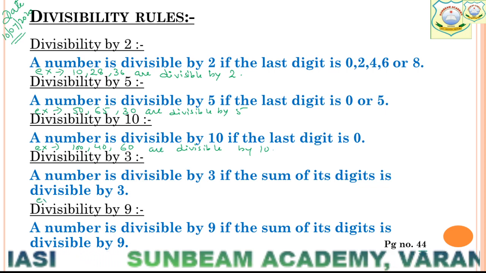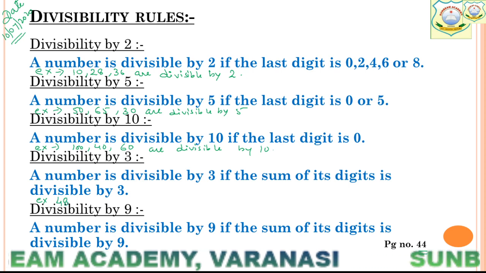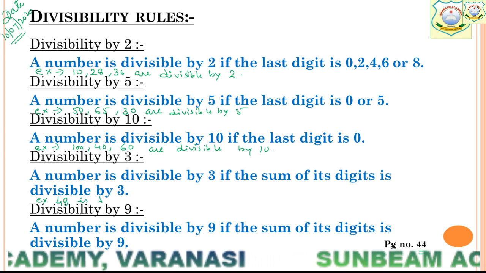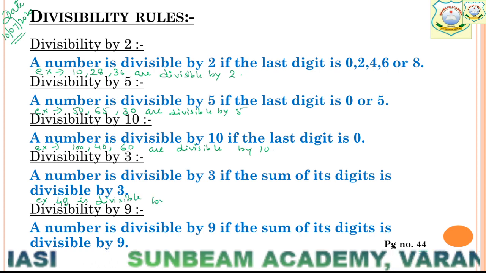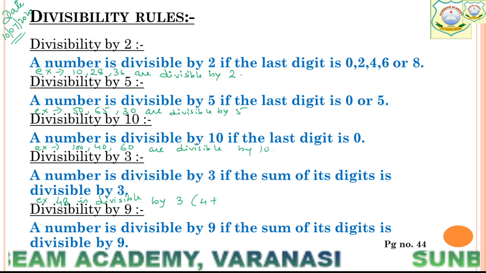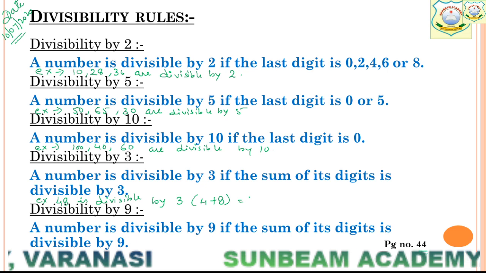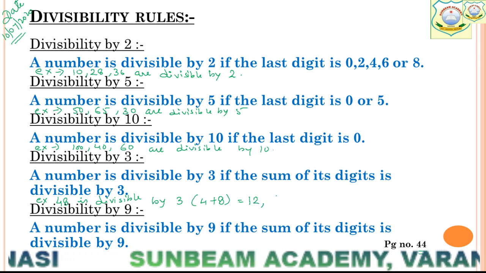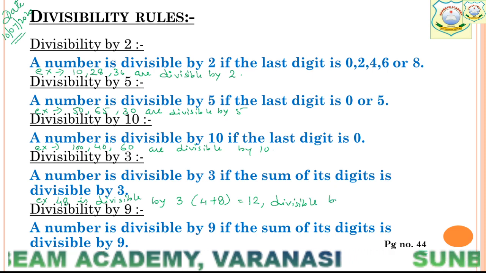Now next example, in 3 you will write like this: 48 is divisible by 3, and you will show this addition. 4 plus 8 is equal to 12. So divisible by 3.